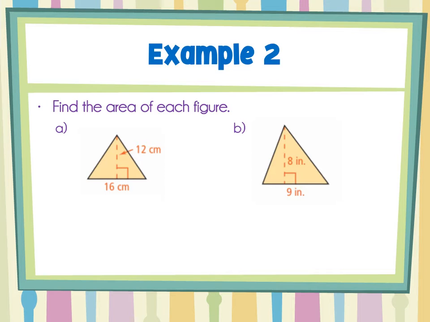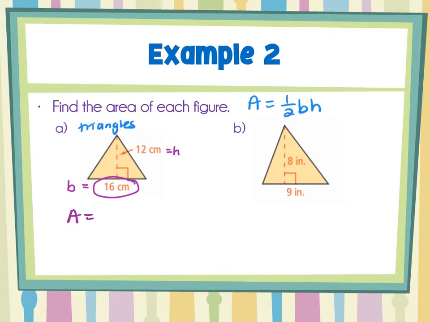All right, so this is example 2. A says find the area of each figure. Again, these are both triangles. So area equals 1/2 base times height. For A, my base is 16. My height is 12, the one that's on the right, the line with the right angle.